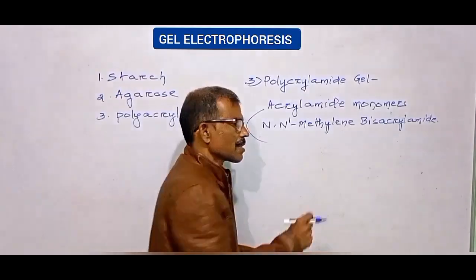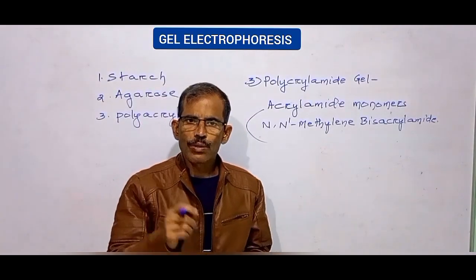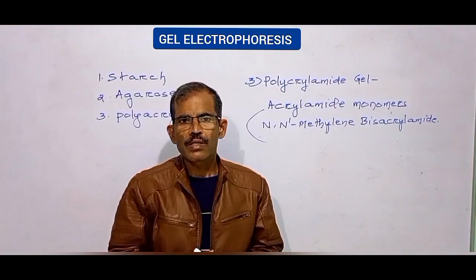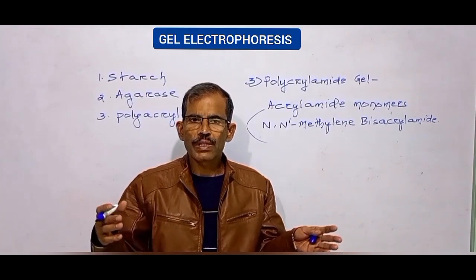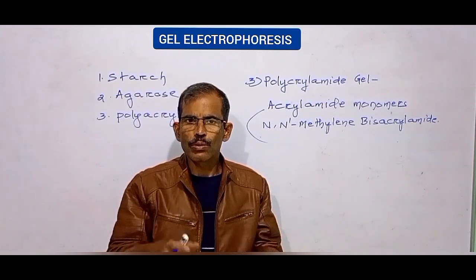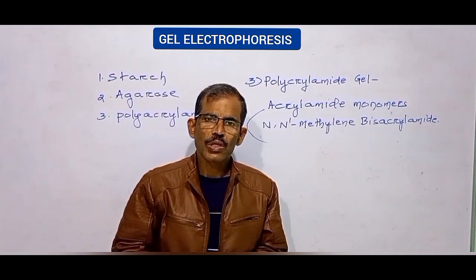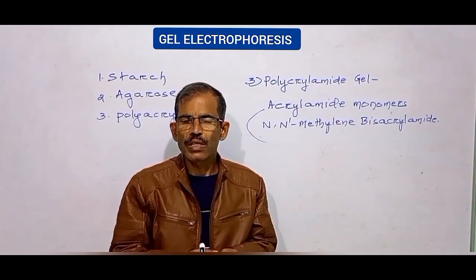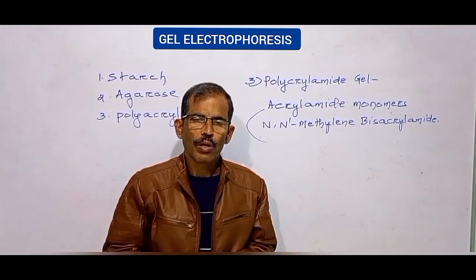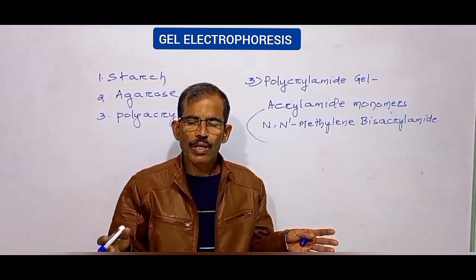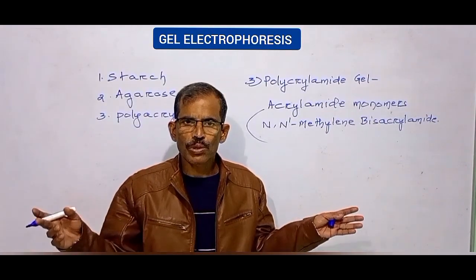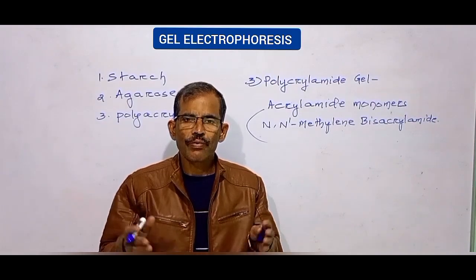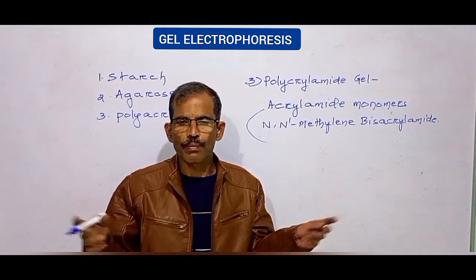Acrylamide monomers are polymerized in a head-to-tail fashion into long chains. Occasionally, a molecule of bisacrylamide is introduced into the growing chain, thereby establishing a second site for chain extension. Polymerization in this way results in the formation of a cross-linked matrix with a fairly well understood structure.